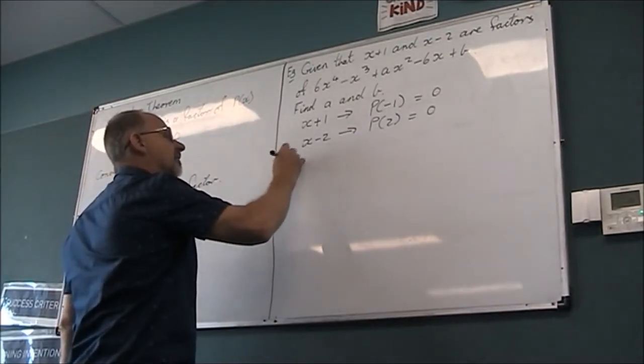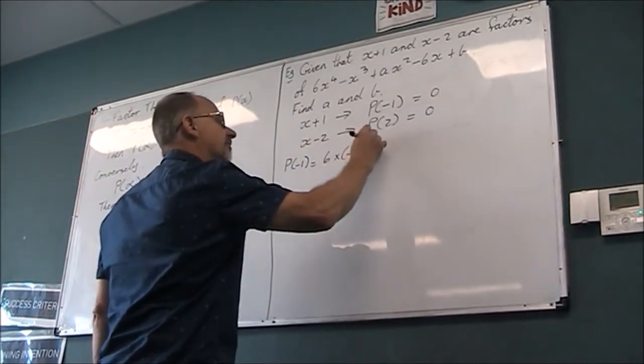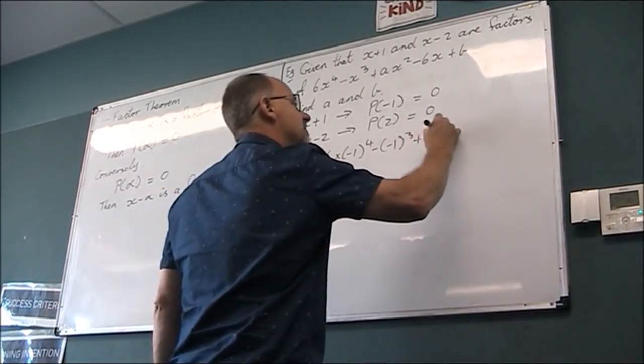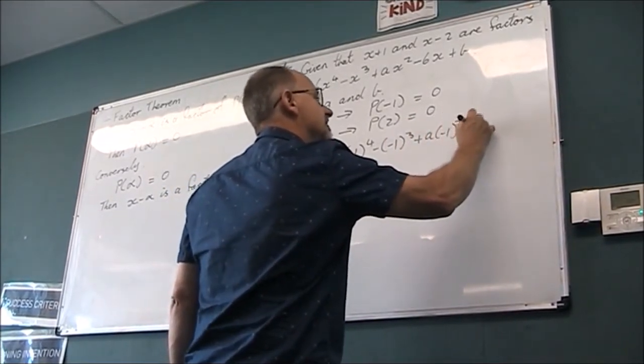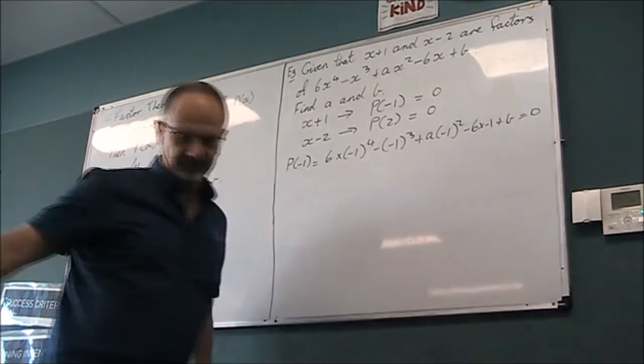All right, so let's put that in. So p of minus 1: 6 times minus 1 to the 4 minus 1 cubed plus a times minus 1 squared minus 6 times minus 1 plus b, and that's equal to 0.